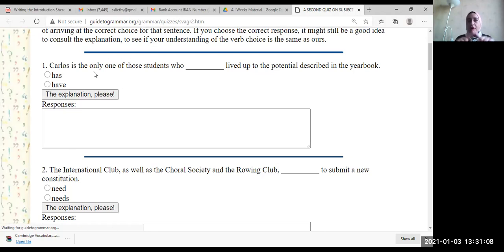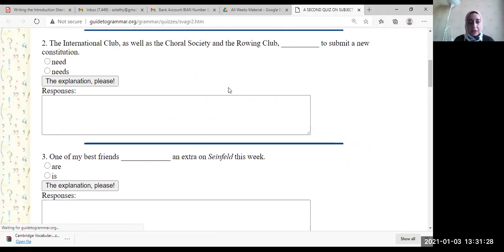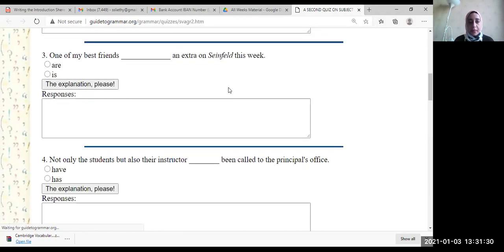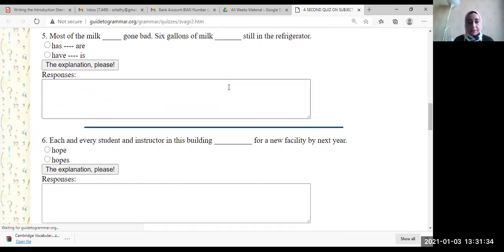Remember, one of the students, he's one of. Remember, even if you have a plural noun after one of, then you need has. You need the singular verb. Very good. Okay, let's try another one. Number 6, for example, is another rule.